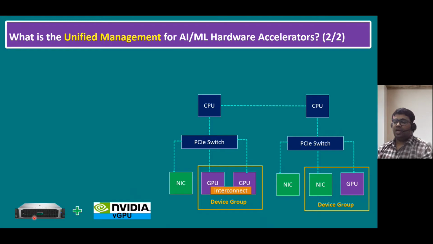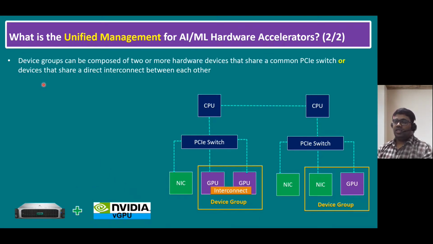As I mentioned, our server hardware must include NVIDIA vGPU. Not only one, we can configure multiple vGPUs using PCI, peripheral component interconnect. A device group can be composed of two or more hardware devices that share a common PCI switch, or devices that share a direct interconnect between each other. That is the concept of device group.